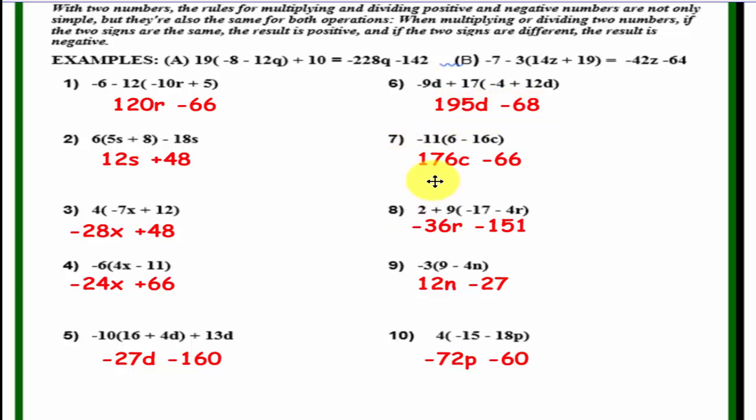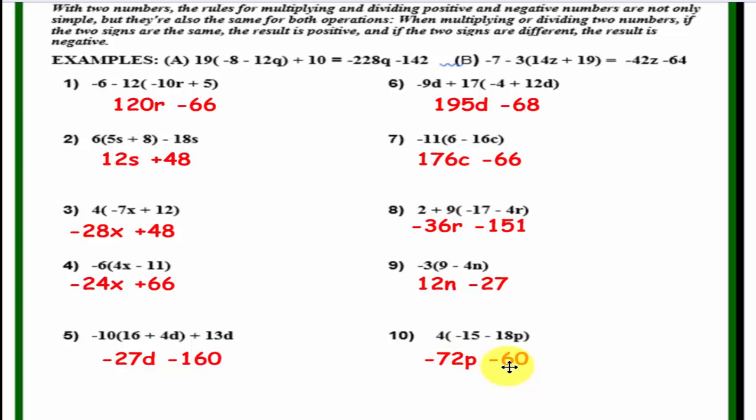And number 7, we have 176c minus 66. Number 8, we have negative 36r minus 151. And number 9, we have 12n minus 27. Okay, that one's pretty simple. And number 10, we have negative 12p minus 60.